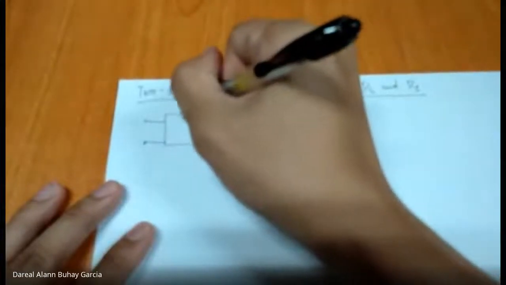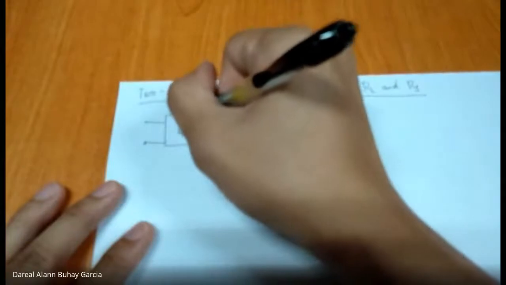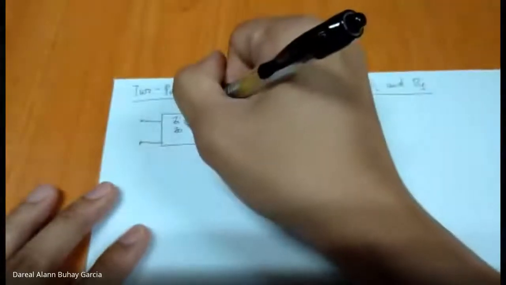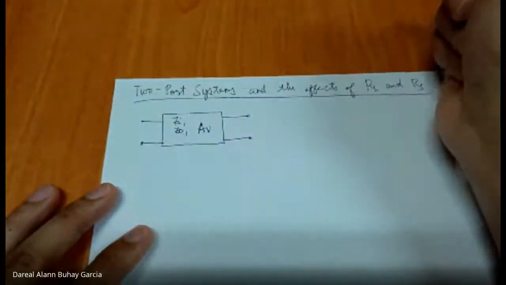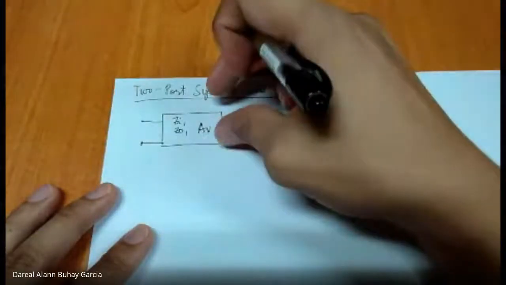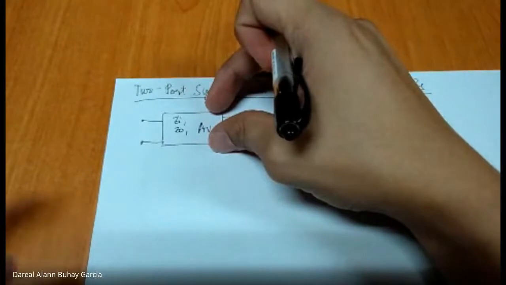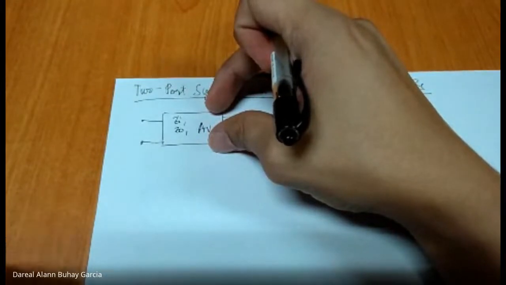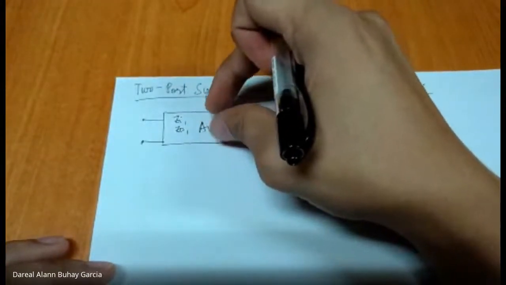Our system will be characterized by the input impedance, the output impedance, and the voltage gain. So those are the three parameters that describe our system. This system could be an amplifier configured using voltage divider bias, or a system with two amplifiers inside, or three, or tens, or hundreds.